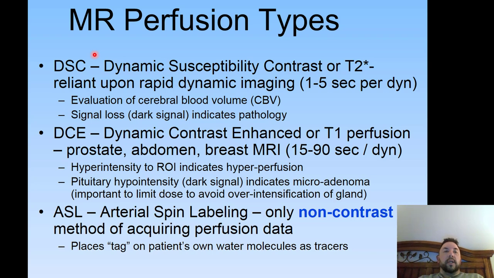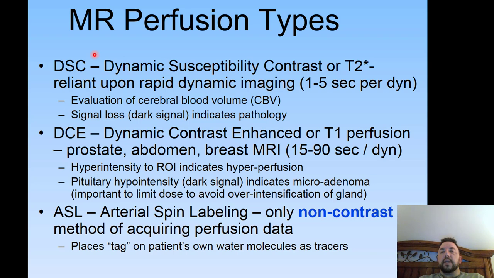We're going to compare this to DCE, which simply stands for dynamic contrast enhanced, or T1 perfusion. Where do we do T1 perfusion? Think prostate MR. Think of our normal abdomens. Think of breast MRI with those dynamics we just talked about.